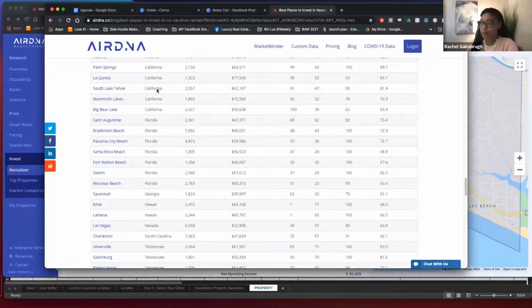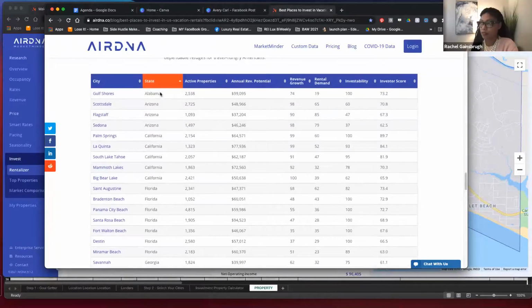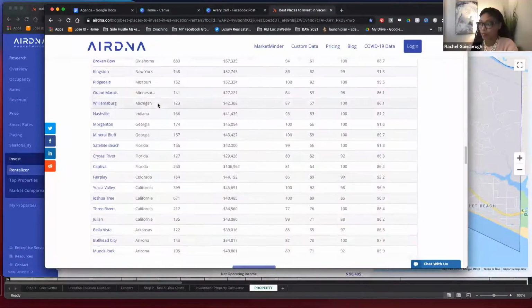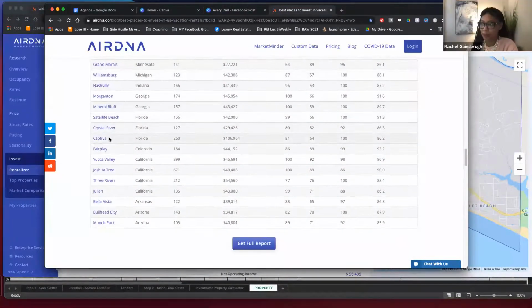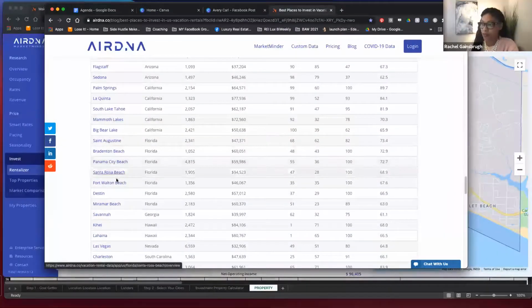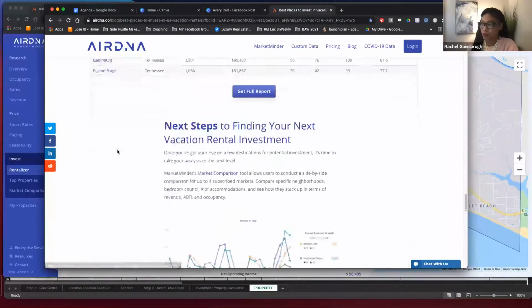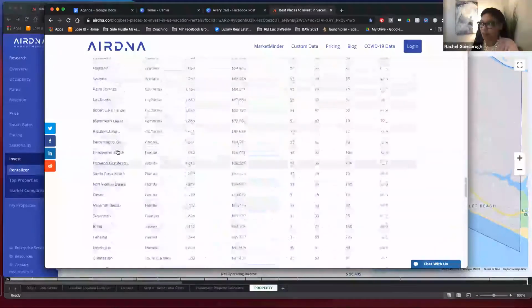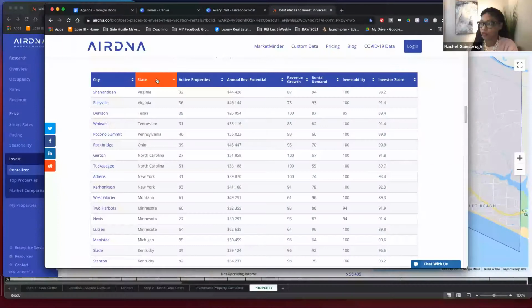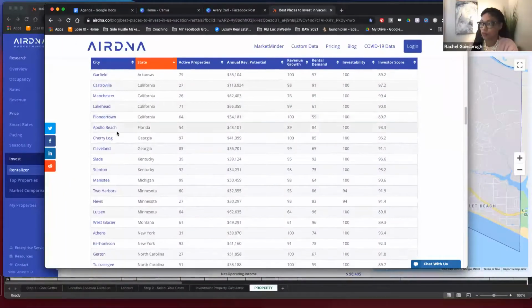And let's see. This document has all the up and coming areas. So I see Satellite Beach, Crystal River, Captiva. These are the mid markets. And let's see, Florida, Apollo Beach.